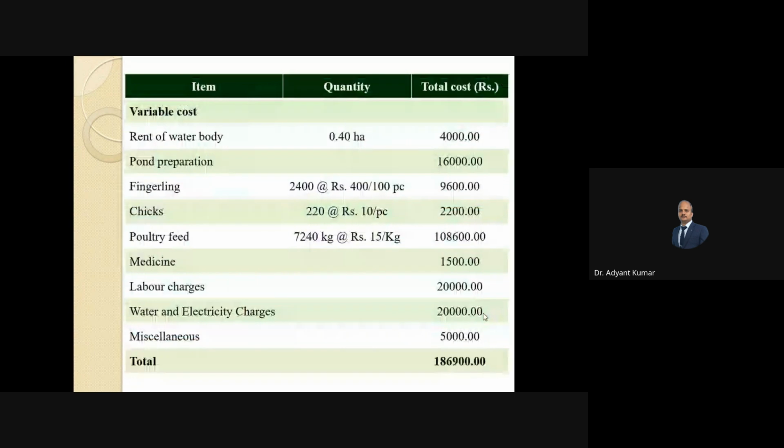When we go through the economics, for 1 hectare area we get a cost of production of approximately 1,86,900.